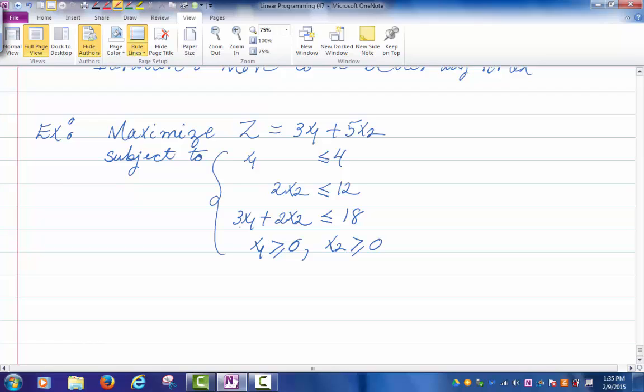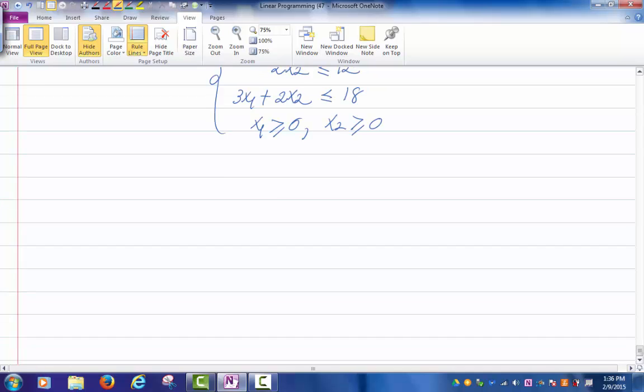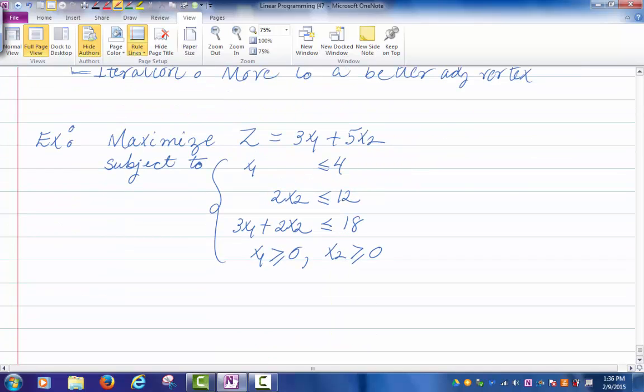So these are our constraints. Remember, we are working with the standard LP. Whatever problem you have, convert it to the standard LP, and then follow what I'm doing. Now, what will be the first step? We are going to write down the standard form. This is the standard LP.